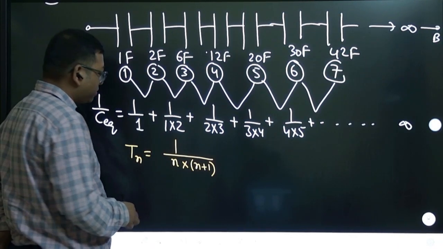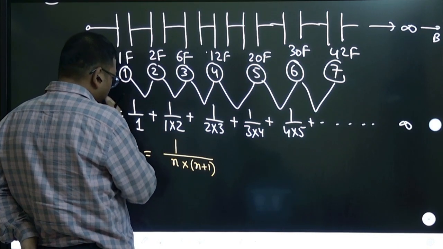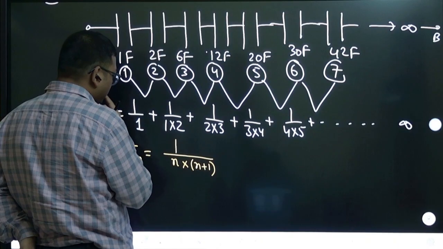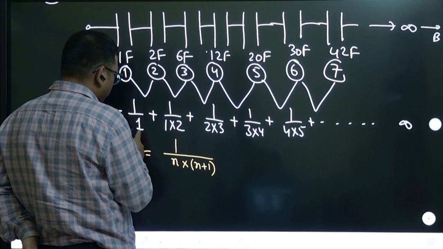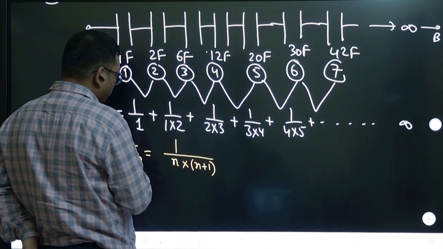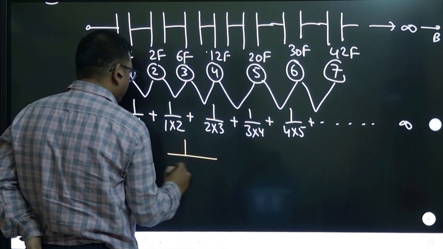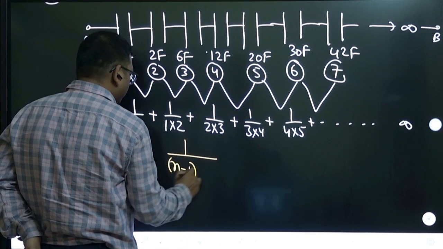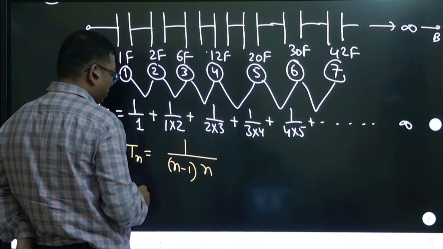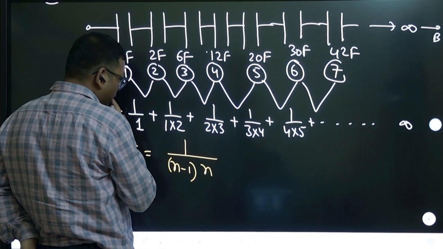Because if this term is the first term now, first term is what? I think n into n minus 1 we should write. Okay, n minus 1 into n. Correct? First term if I write, then it will become 0 now.